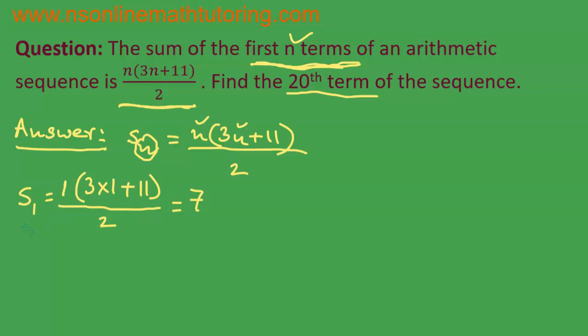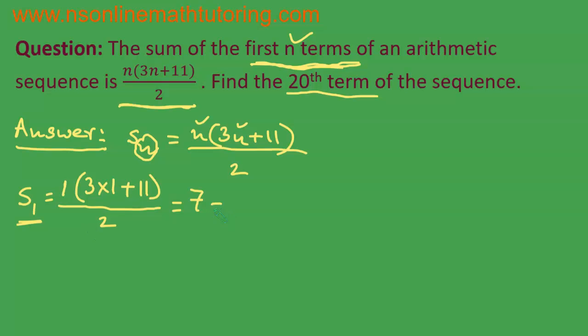And what is S1? S1 is the sum total of the first one term of the arithmetic series. Sum of the first one term means that there is only a single term. And what is that single term? It is the first term of the arithmetic sequence.